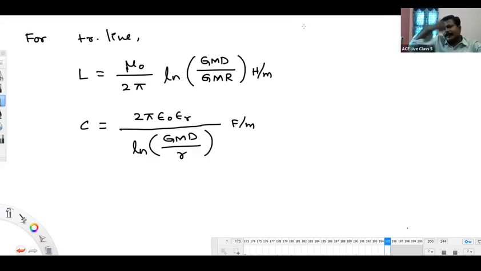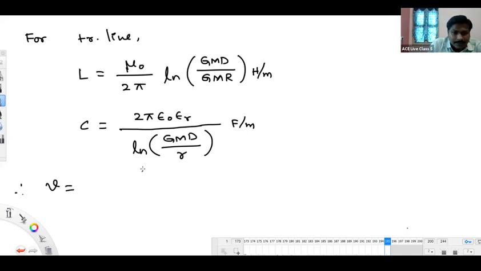Already in the previous discussion of inductance calculation, we wrote mu naught by 2 pi itself as 2 into 10 power minus 7. Now you simply substitute this L and C in the velocity equation.